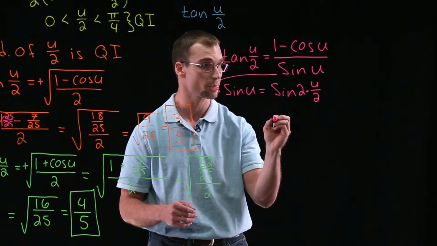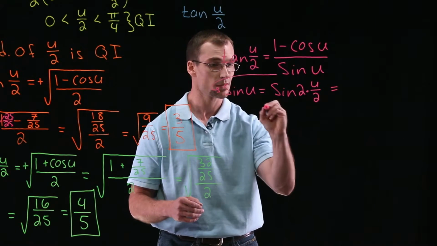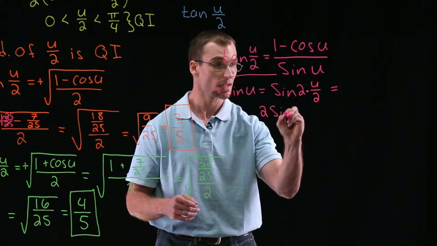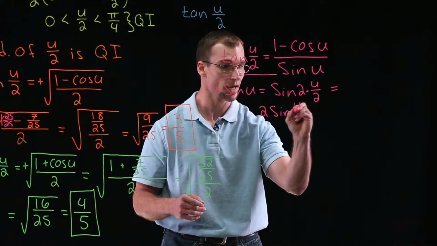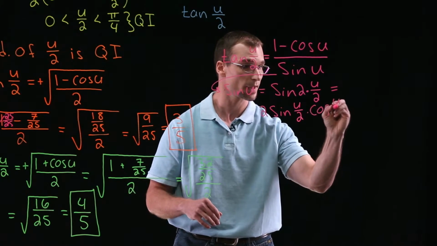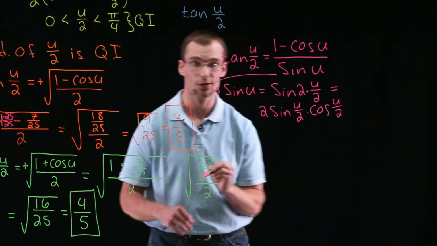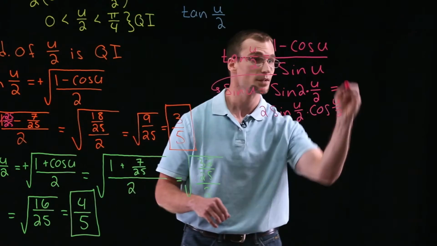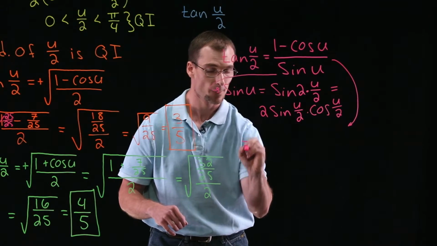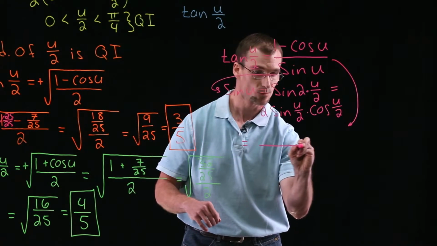And the double angle formula is equal to 2 times sine of the angle we're doubling, sine of u over 2, times cosine of the angle we're doubling, cosine of u over 2. Coming down here, we can plug this in.